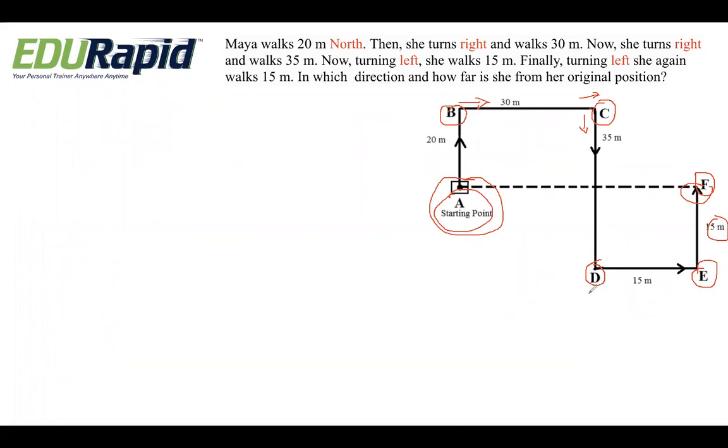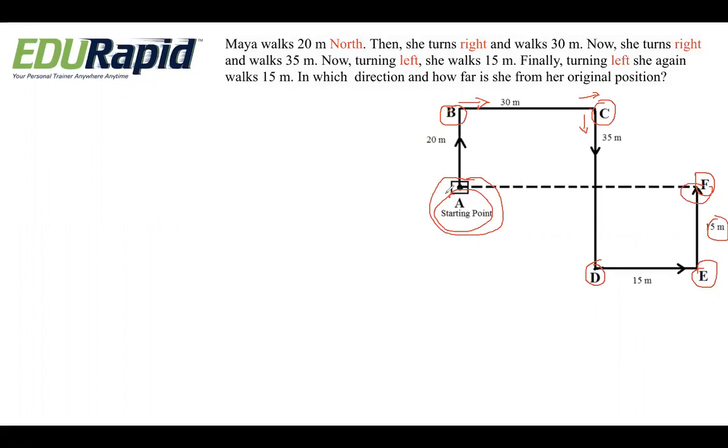Now if you look at it, for how far, you need to find the distance between A and F. The distance between A and F is equal to the distance between B and C plus D and E. I want you to understand this. This is very simple. If you write it to scale, you will get this picture.